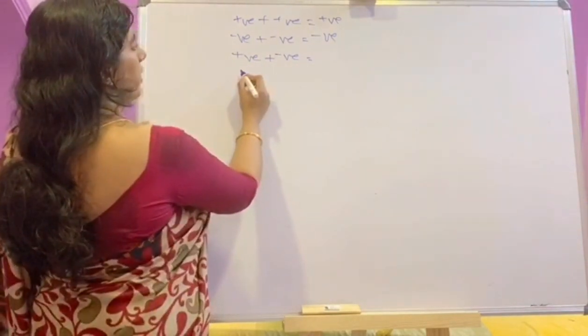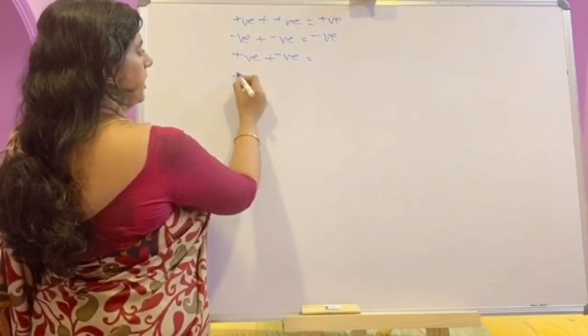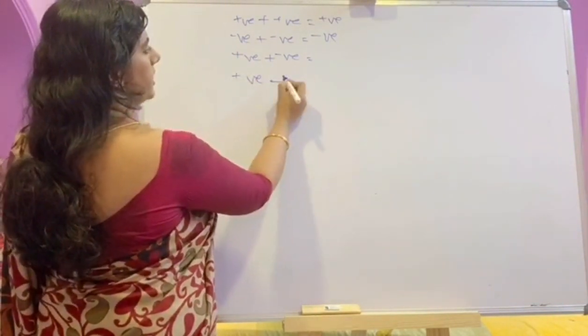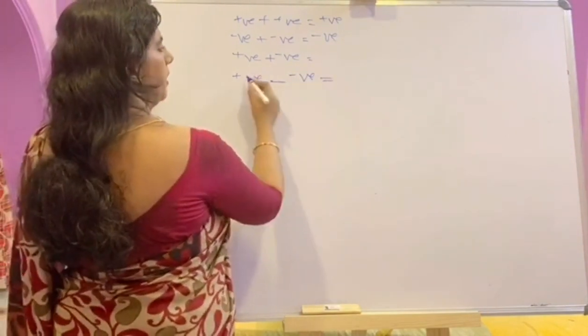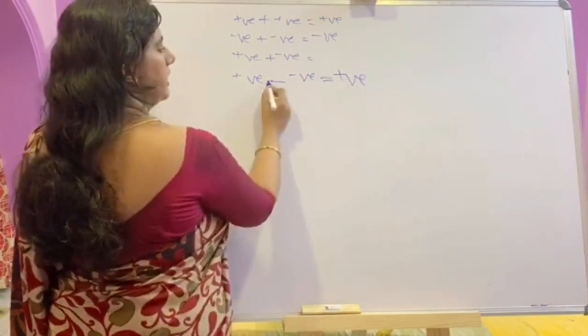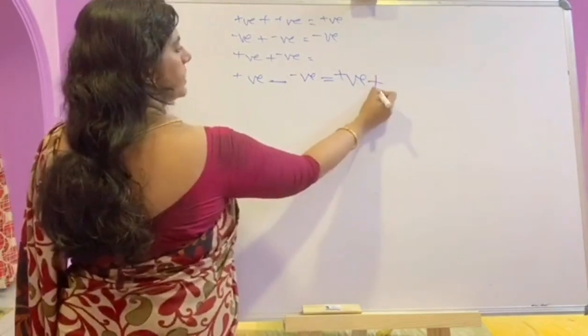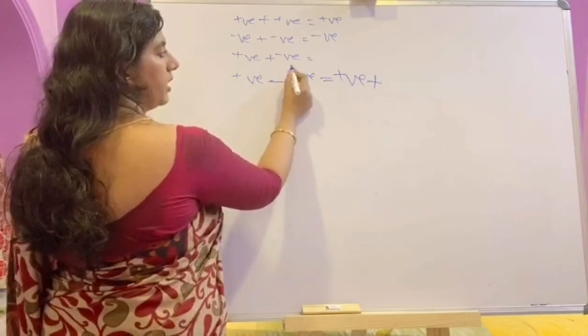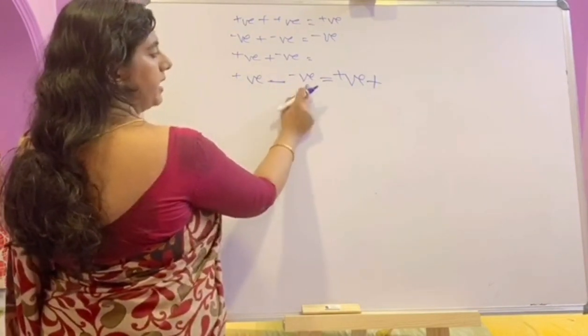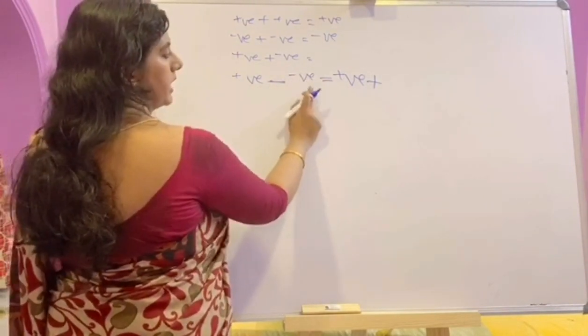Now in the case of subtraction, that is a positive number minus a negative number, you want to change the subtraction into addition. Then if you are changing the sign here, the second number also changes its sign.